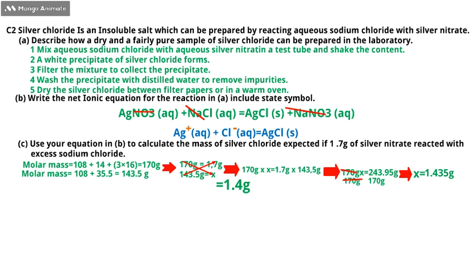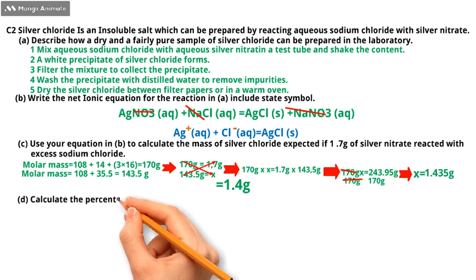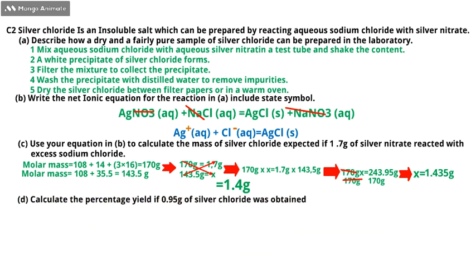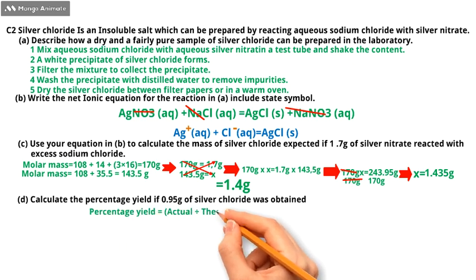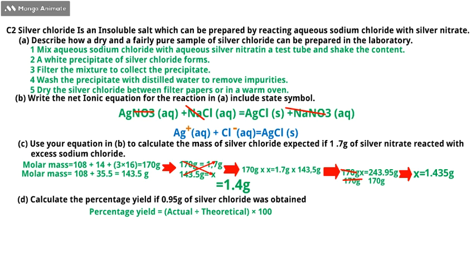We come to C2D. Calculate the percentage yield if 0.95 grams of silver chloride was obtained. To calculate the percentage yield, we will follow these steps. 1. Write the formula, which is percentage yield is equal to actual divided by theoretical times 100.